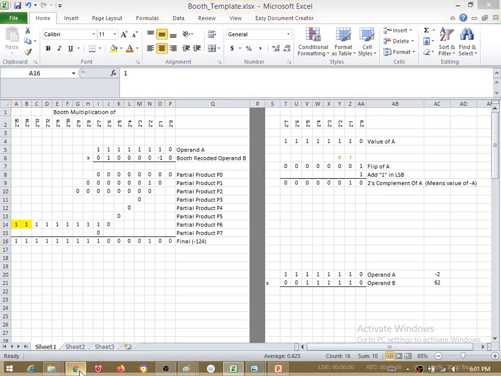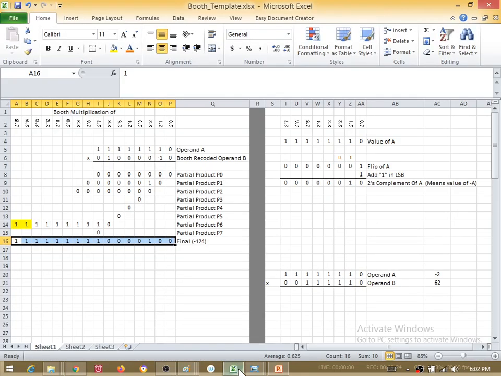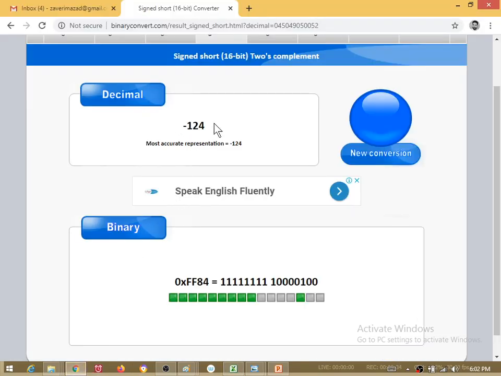You can check that by using some online tool. For example, here I am saying -124. What is the conversion? It is telling me it is 11111, 4 zeros, 100. Let's check our answer. I have 111111, 4 zeros, 100, which means this is the actual representation of -124.